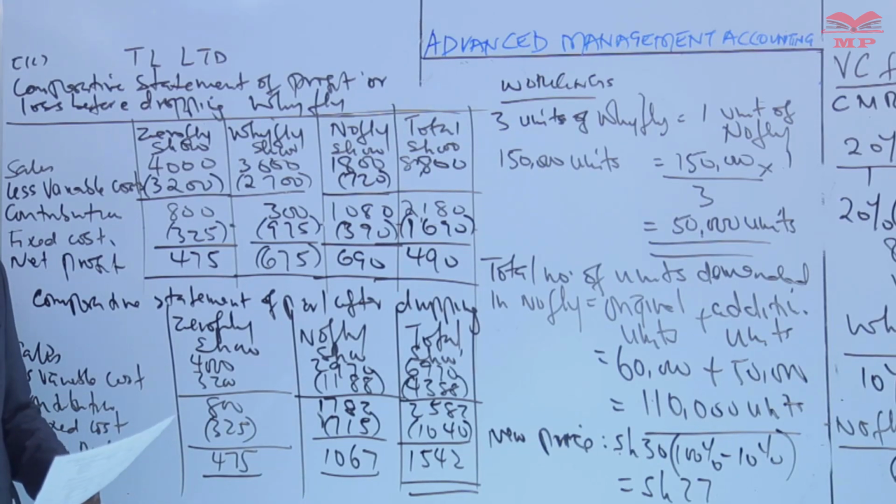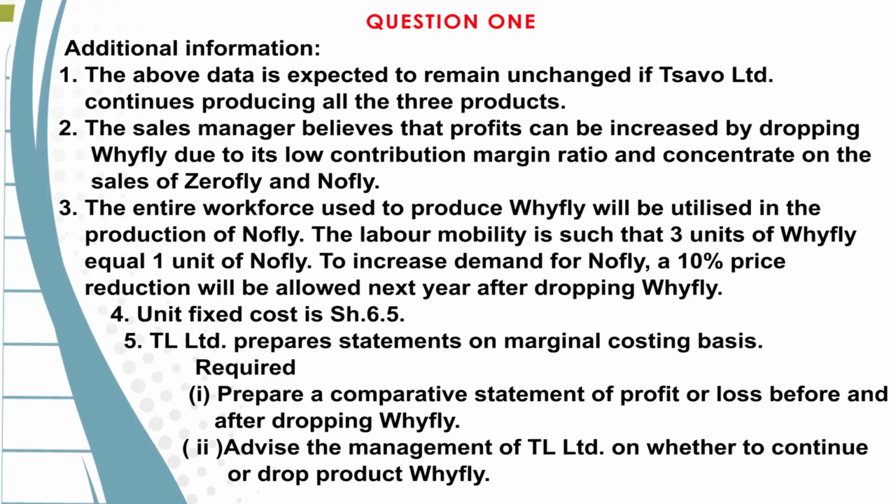Then after preparing the comparative statement of profit or loss before and after dropping Wi-Fi, candidates were required to advise the management on whether to continue or drop product Wi-Fi. Now, candidates, the advice will be determined by just checking the net profit.